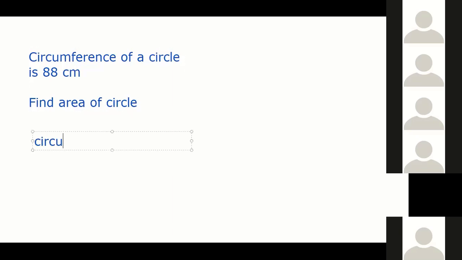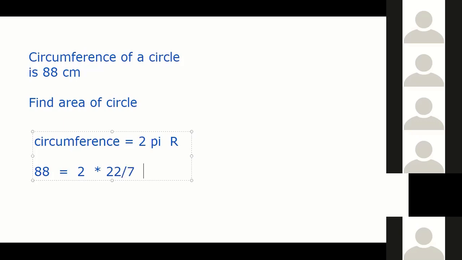Circumference is given by 2 pi r, correct? Circumference given as 88. Substitute 88 equal to 2. What is pi? 22 by 7 into r we don't know. We'll find out r. So, we'll solve this. What we'll get?